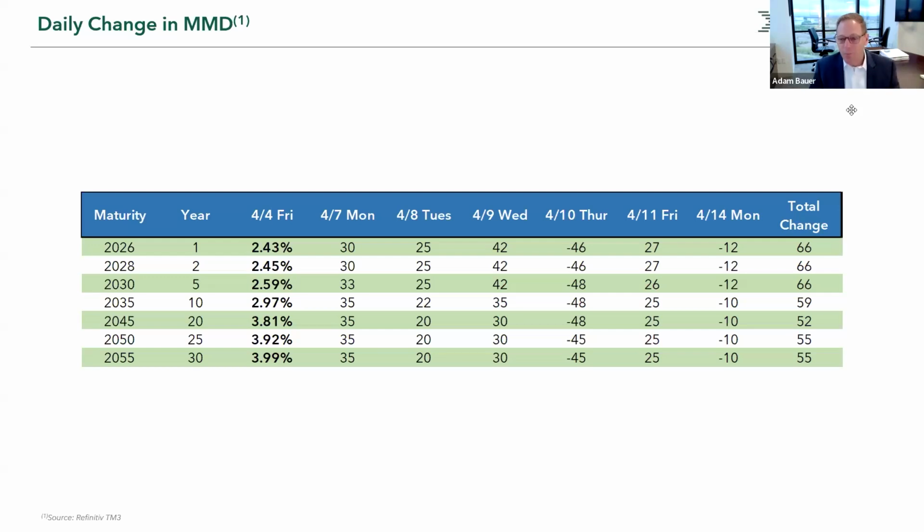Then the next day, up 42. Finally, on 4/10, we saw a decline, but then half of that went back up on 4/11. Then on 4/14 we saw dramatic decreases, and since then, less dramatic decreases. So some of that total change on the far right has been eroded since we gathered this data.